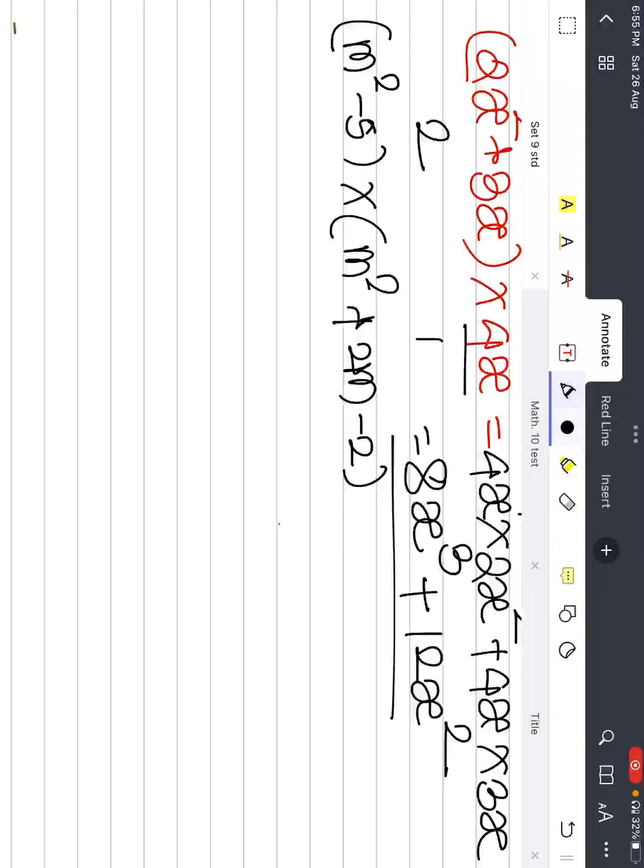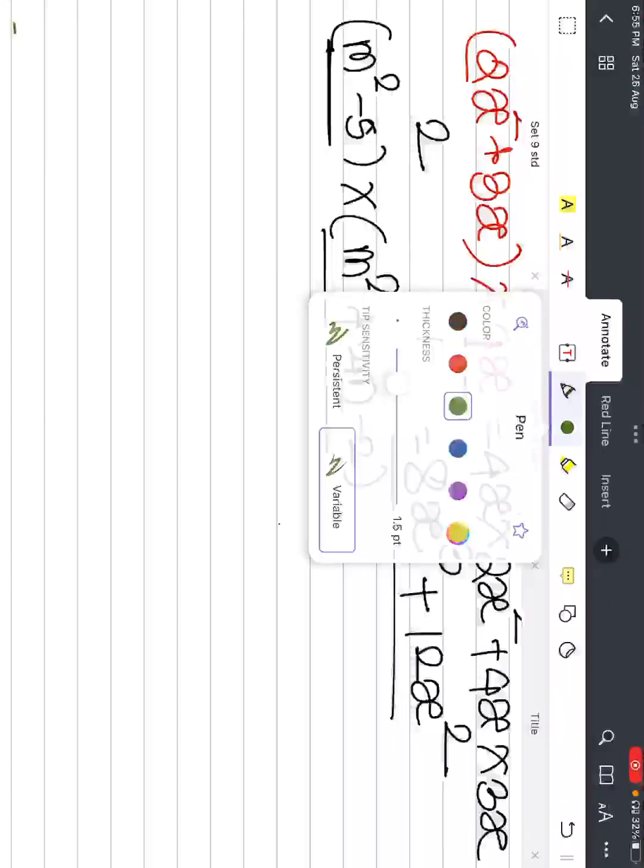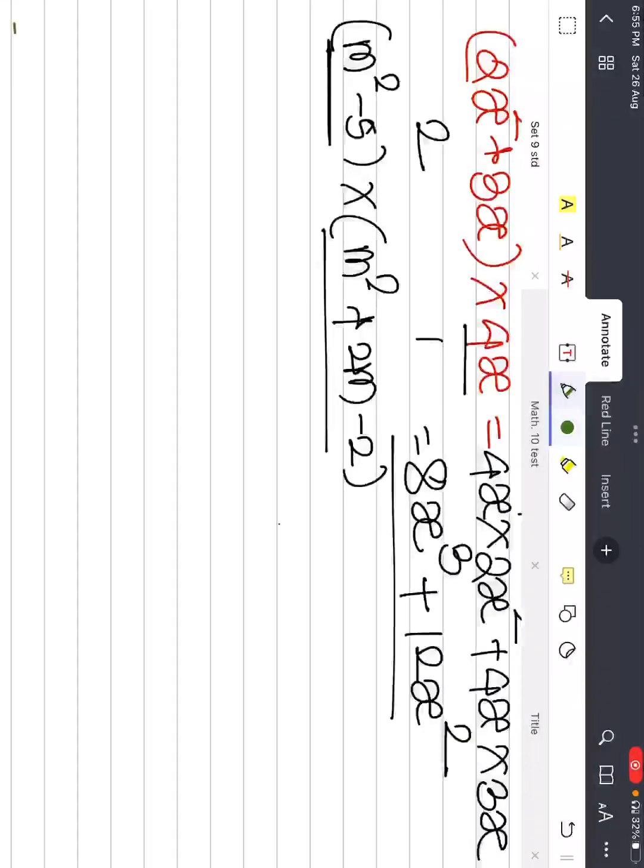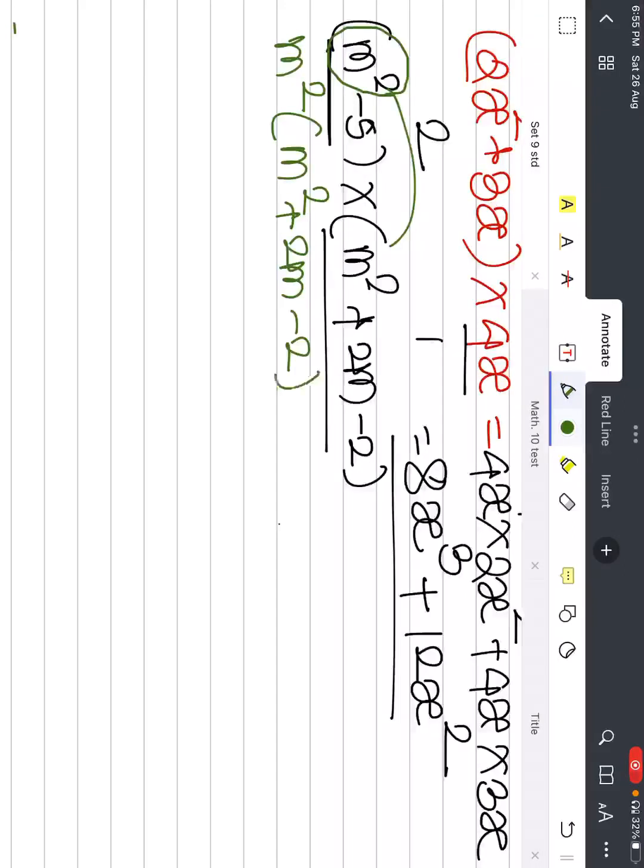So what do we have to do? First of all, multiply. This whole term is multiplied with this whole bracket. M square minus 5 is multiplied with the second bracket. So initially we simplify it like this. The first term will multiply with the second bracket: m square into bracket m square plus 2m minus 2.